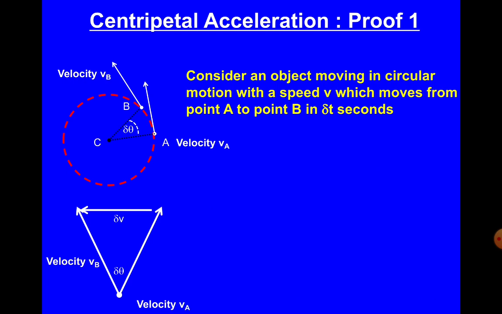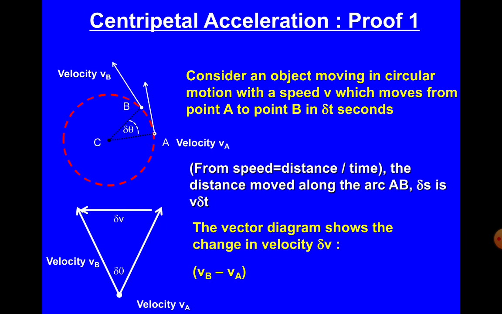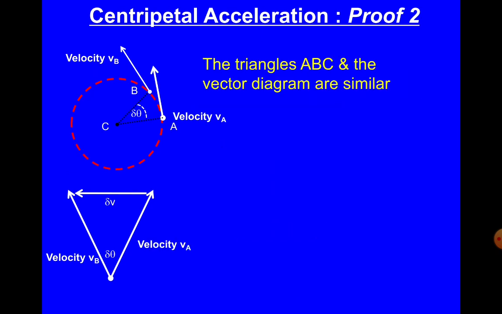Let's look at this example. We have an object moving in a circular motion with a speed v which moves from point A to B in delta t seconds. We can use speed is distance over time, so the distance moved along the arc AB, delta S, is v times delta t, and we can use a vector diagram to show the change in velocity.